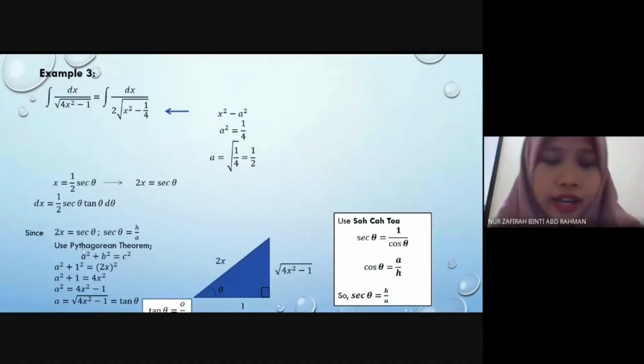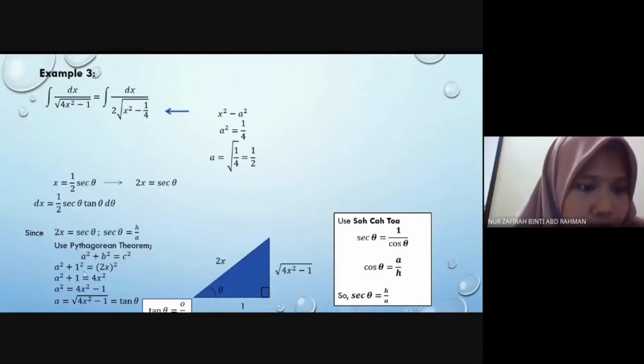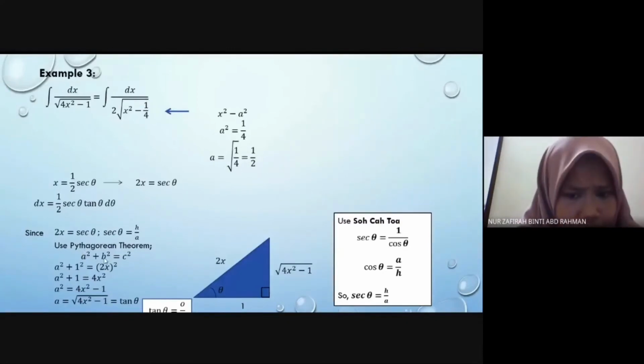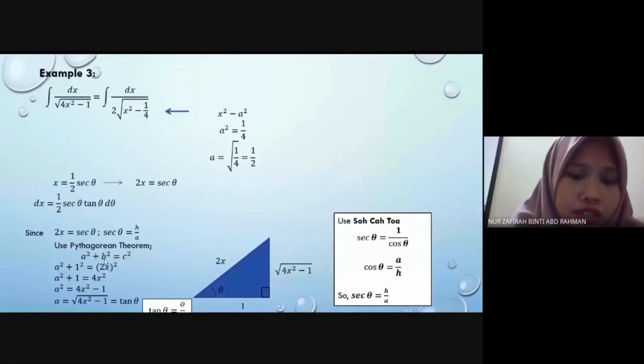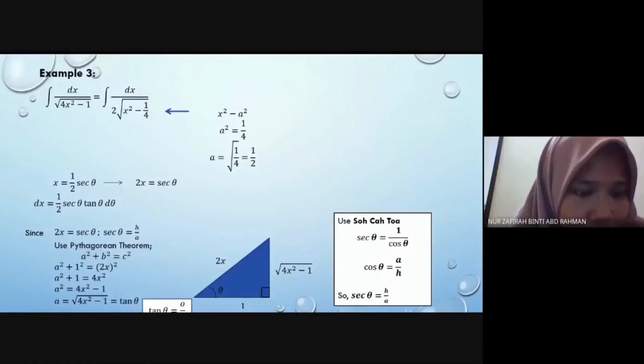Looking at the right side of the right angle, we have to use the Pythagorean theorem. A squared, which is the opposite, plus b squared, which is adjacent, equal to c squared, which is the hypotenuse, 2x.